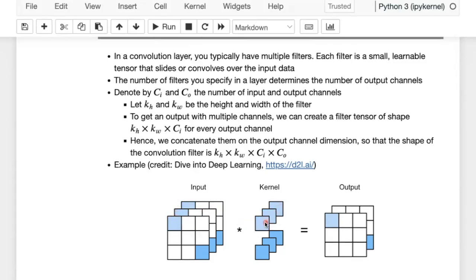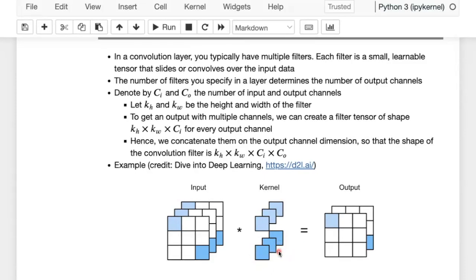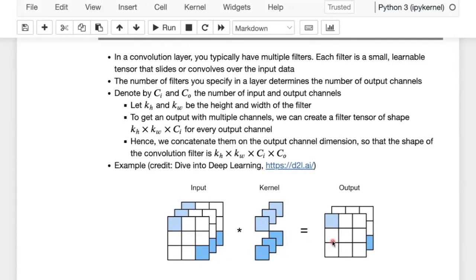So that would be the lighter blue kernel that we have. But now for this one, the one that is a little bit more bluish here, you can have a second kernel, and now you perform exactly the same operations. And since each one will give you a two-dimensional tensor, now you have two two-dimensional tensors.